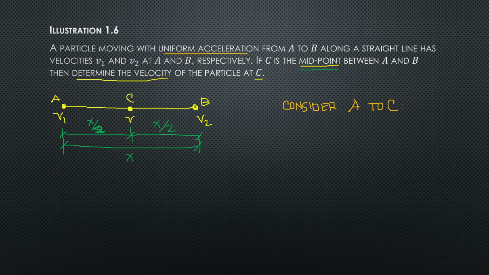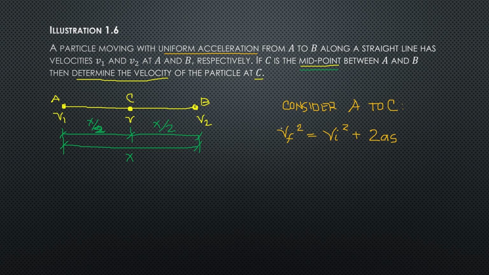With uniform acceleration, velocity and displacement are given together with the acceleration. So for the final velocity, I'll use this equation: the square of the initial velocity plus twice the acceleration and displacement.